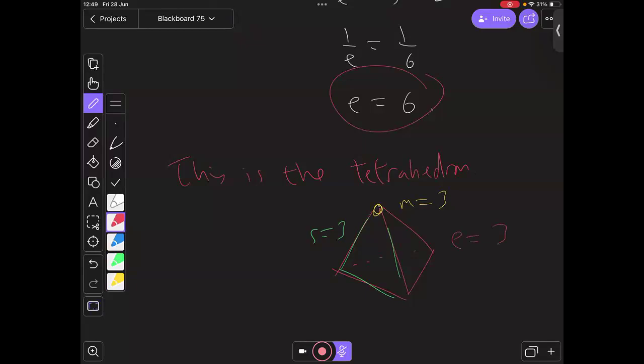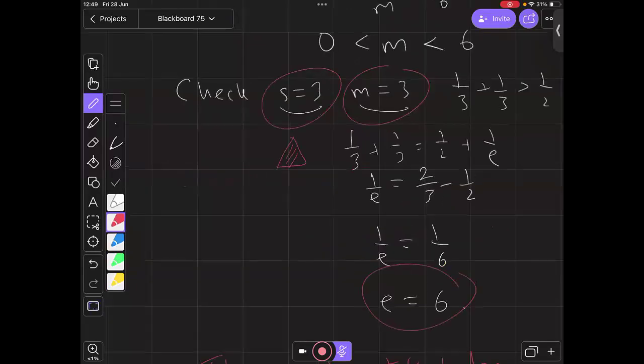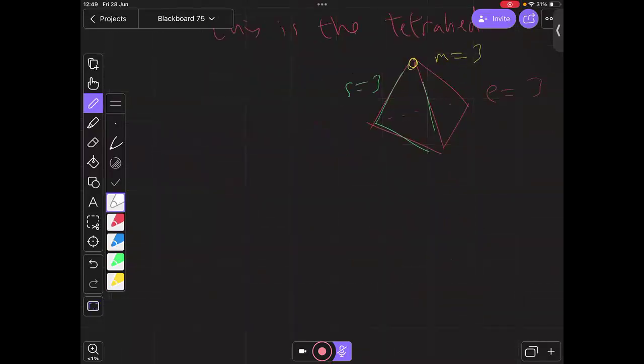So that was the first check, where we did these two. We're still checking S equals 3. So you have to go through all of the possibilities. If S equals 3, what if M equals 4? What happens when S equals 3 and M equals 4? Now we have 1 over 3 plus 1 over 4 equals 1/2 plus 1 over E, right? And you try to solve this.